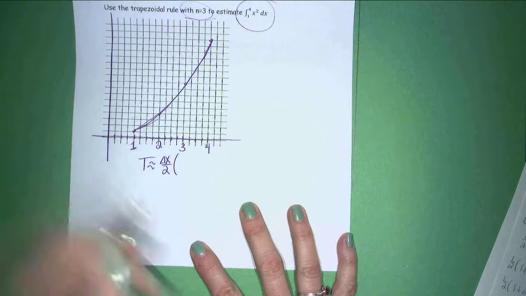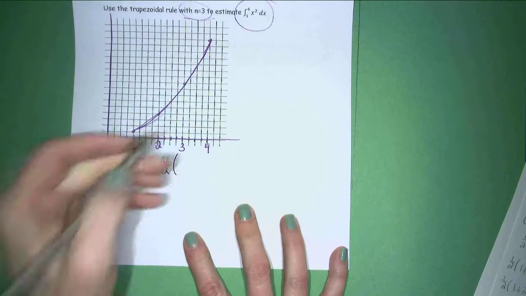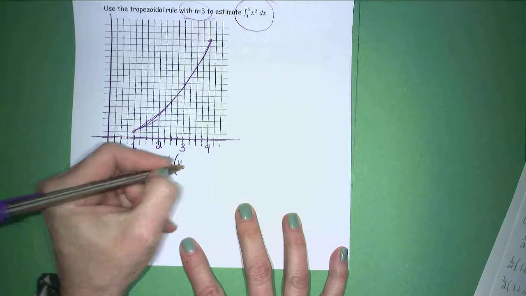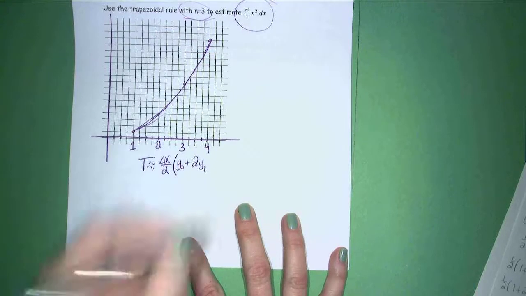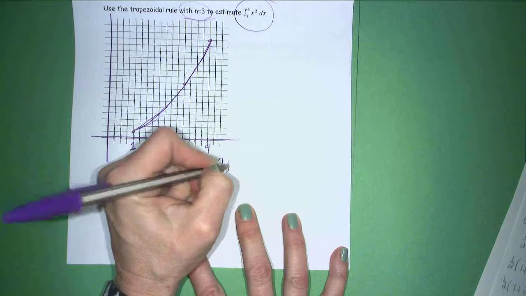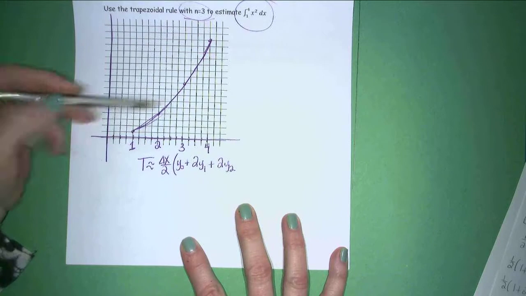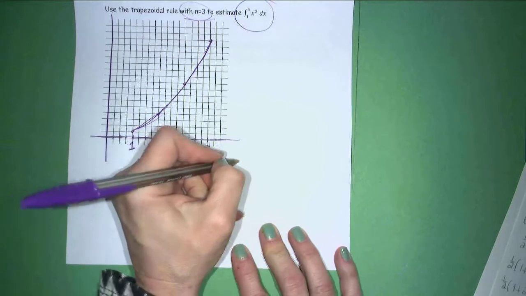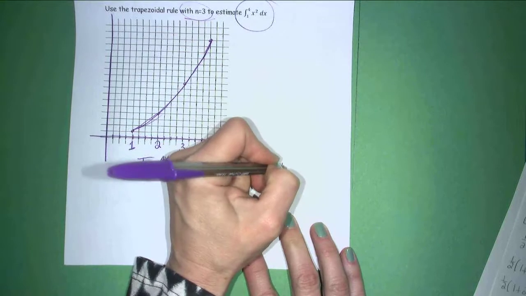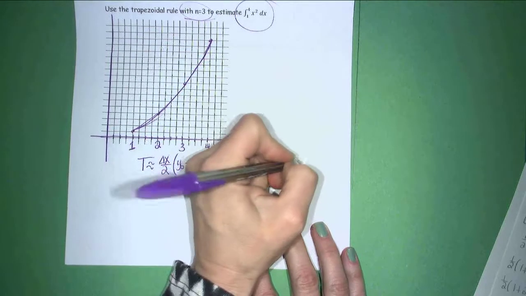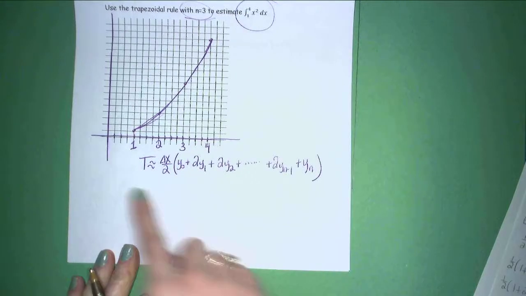And then it will sum up a bunch of y values. It will use the initial y value only once, the next y value twice, the next y value twice, because it's going to be used in 2 different trapezoids, et cetera. And then the second to last y will be used twice, and the final y just once. So this is my formula.